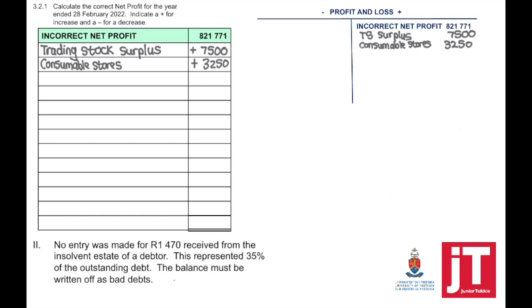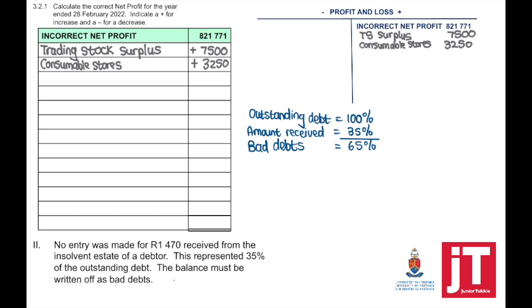Adjustment number 2, no entry was made for 1,470 received from the insolvent estate of a debtor. This represented 35% of the outstanding debt. The balance must be written off as bad debts. Your outstanding debt is equal to 100%.